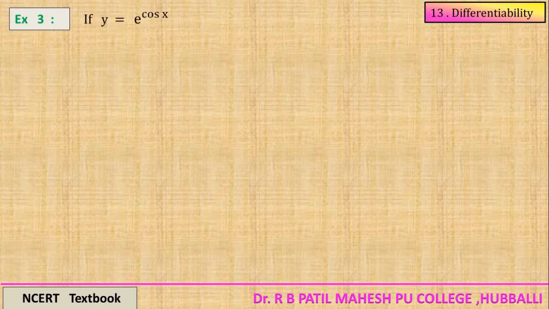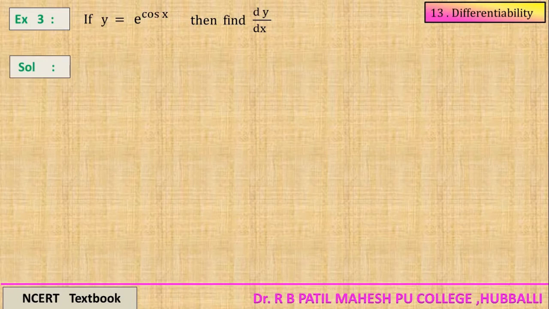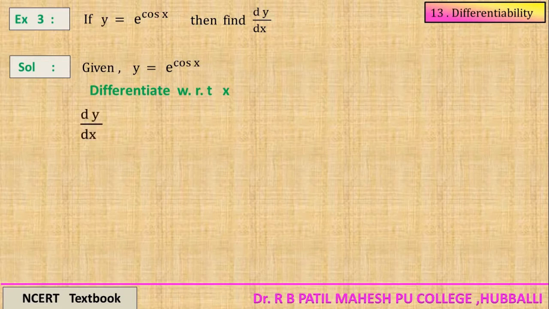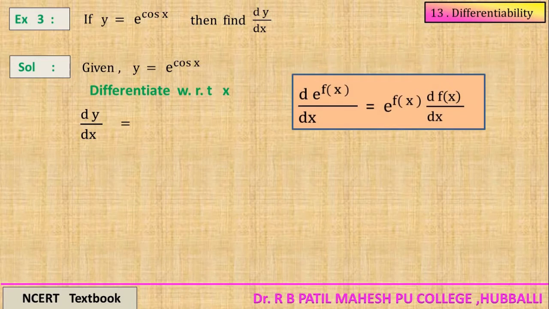See the next question. If y is equal to e raised to cos x, then find dy by dx. It is a similar type of example. First you write the given function. dy by dx is equal to, so this is the formula: same function into d by dx of cos x.